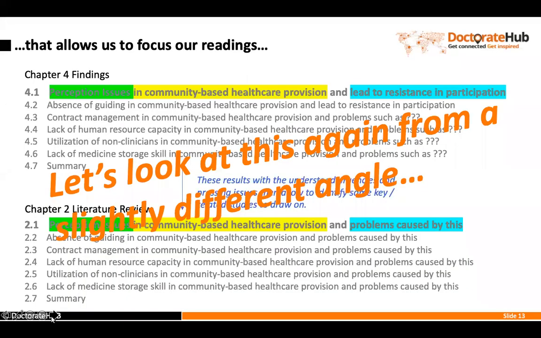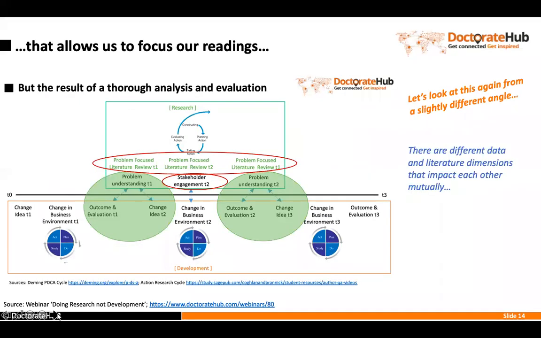Okay, so then let's look at this from a slightly different angle by seeing how data and literature relate to each other. Now, I think what is important here is if we talk about literature, it's not a one point in time situation that we are talking about, but there are different dimensions.